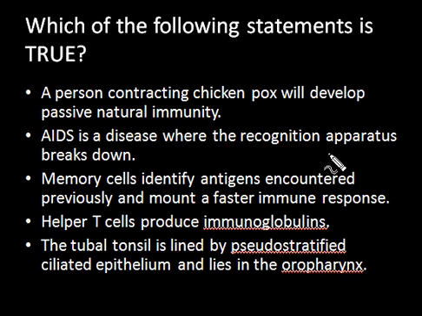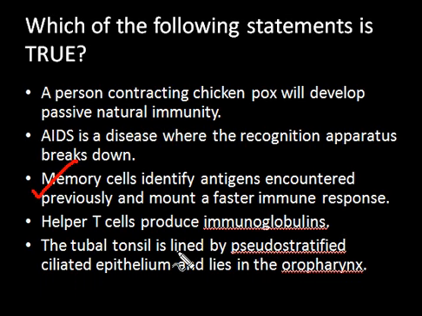The third statement, memory cells identify antigens which have been encountered previously and they mount a faster immune response. This is true because this is the function of memory cells. The memory cells keep the knowledge of antigens which have been encountered previously, and the next time they come in contact with the antigen, they mount a faster immune response.